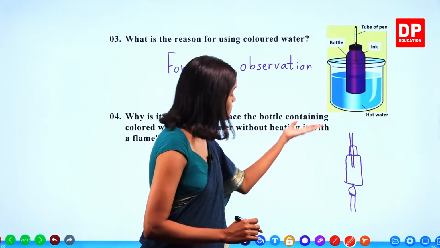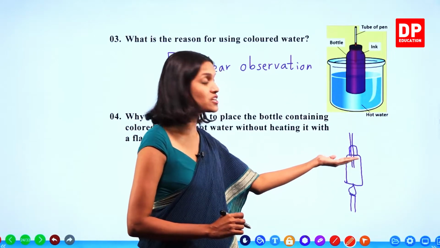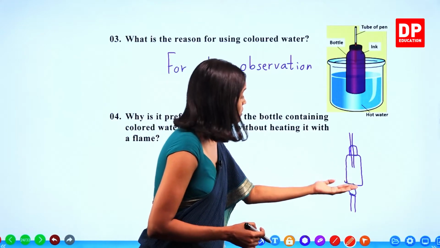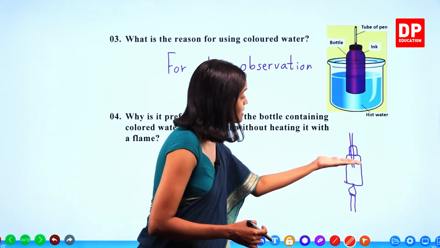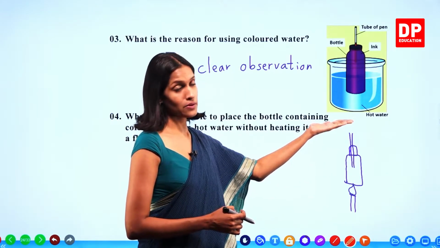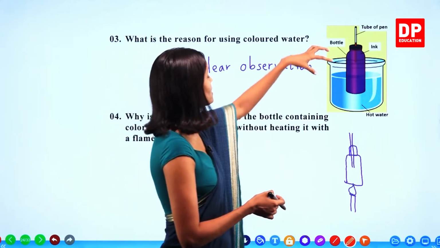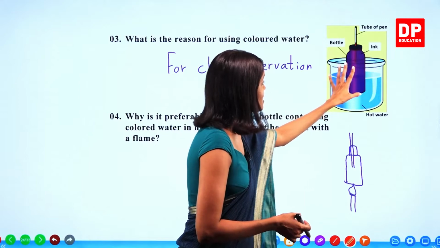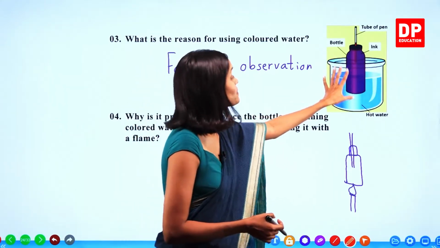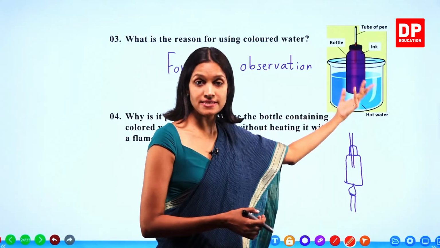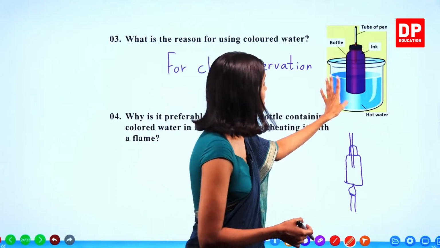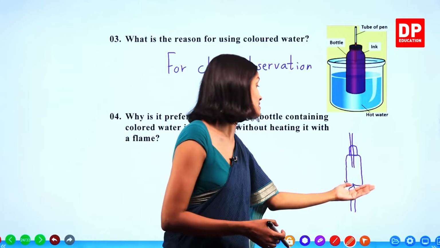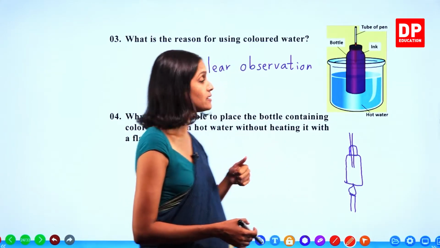So to take the observations, we have to wait for a longer time period, because from the bottom part, it little by little gets heated up. But what happens when we immerse this bottle in hot water? All the areas of the bottle get heated up evenly and faster, right? That is why it is better to use a hot water beaker other than heating it up using a flame, right? Let's try.